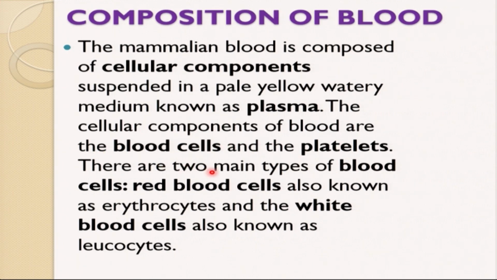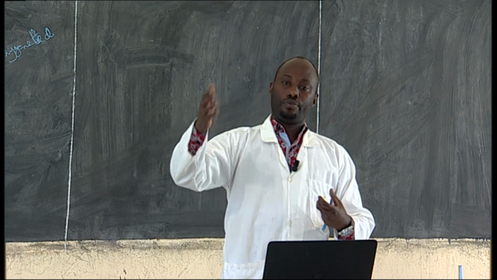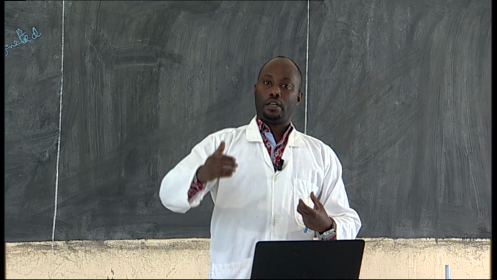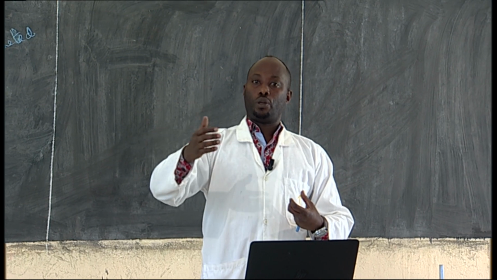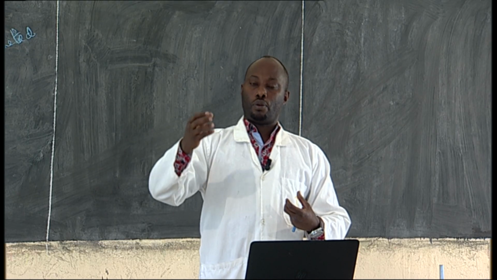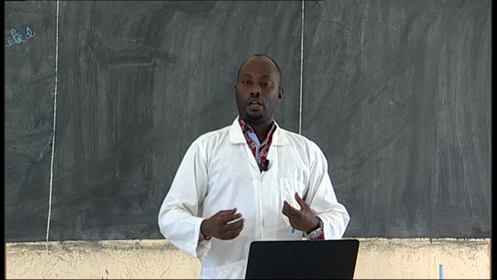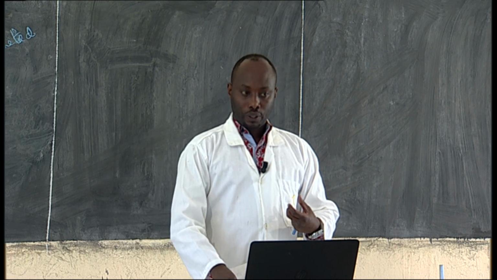There are two types of blood cells: red blood cells, also known as erythrocytes, and white blood cells, also known as leukocytes. So we have three components of blood. We have the plasma, a pale yellow watery medium, in which we have blood cells, which are red blood cells and white blood cells, without forgetting the platelets.